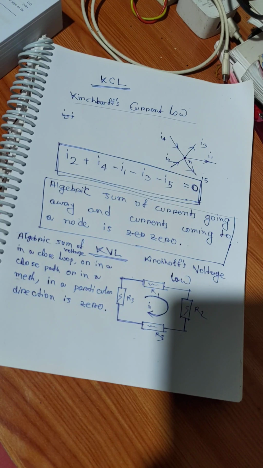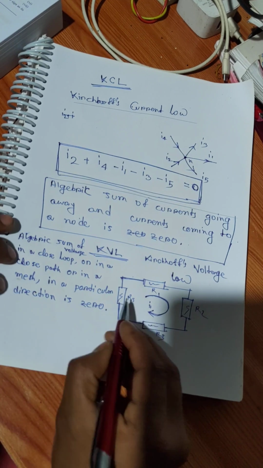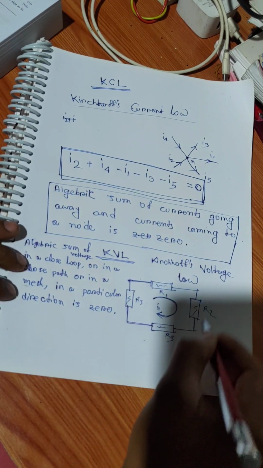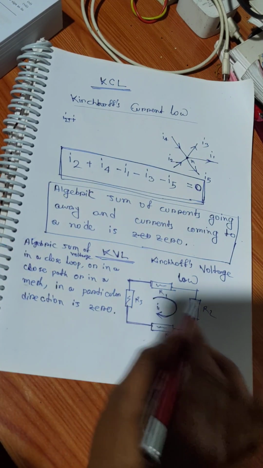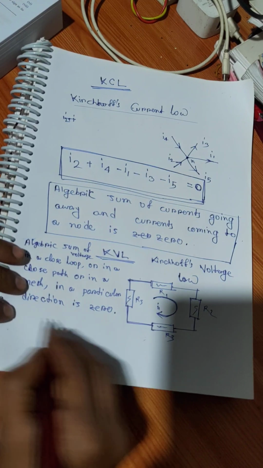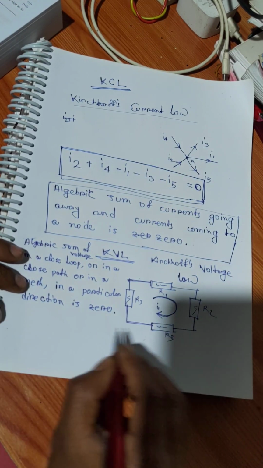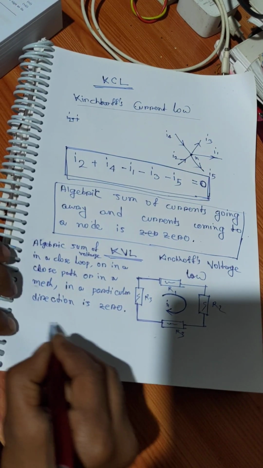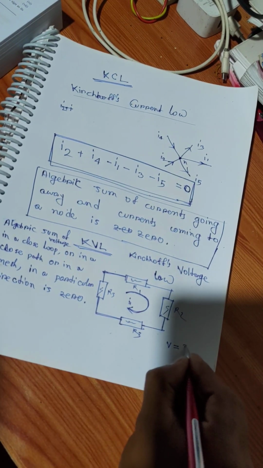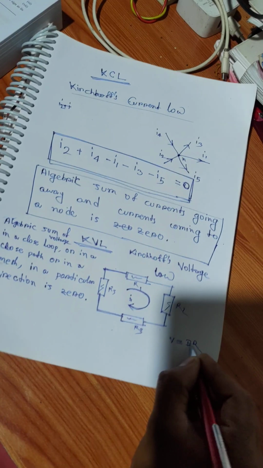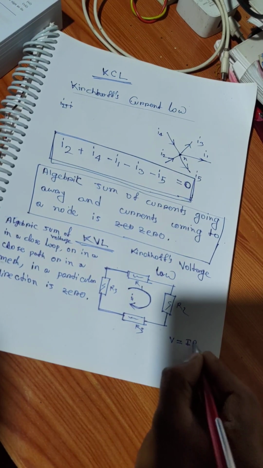So for this closed loop, if we apply KVL here, then we will get, you know, V is equal to IR, Ohm's law.